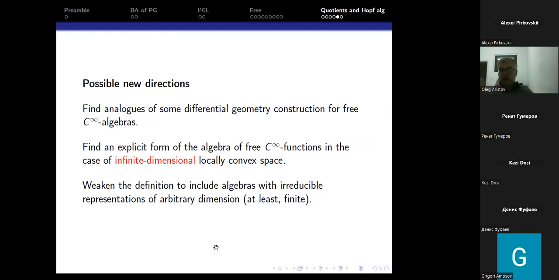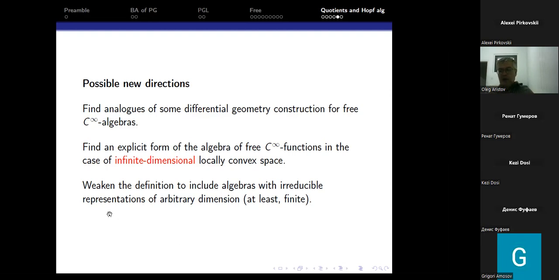Also, I considered the case of a free algebra with a finite number of generators. But the question is how to describe the case when you have infinitely many generators and, moreover, some infinite dimensional locally convex space as a base.